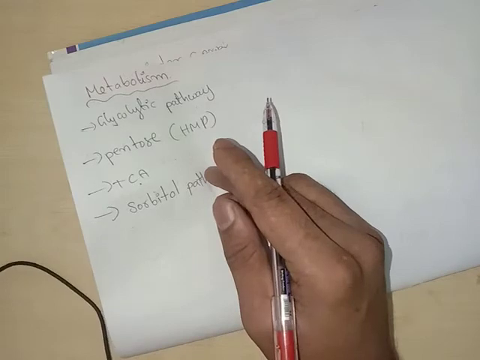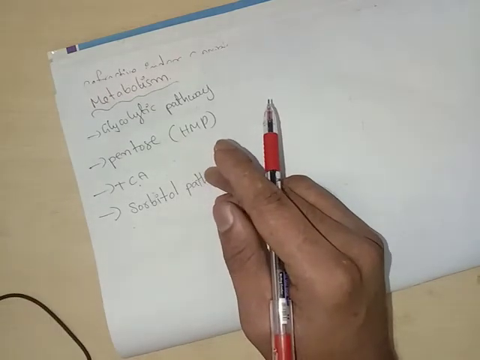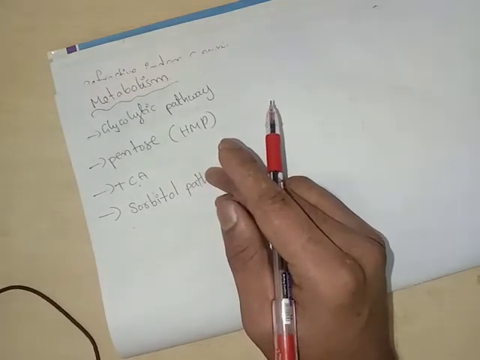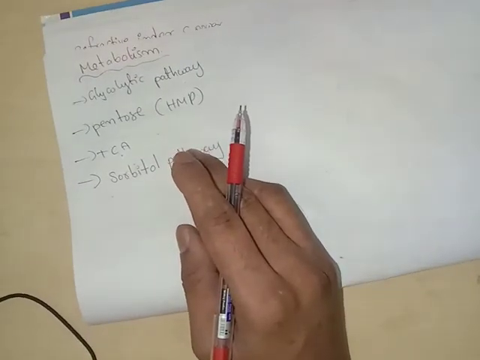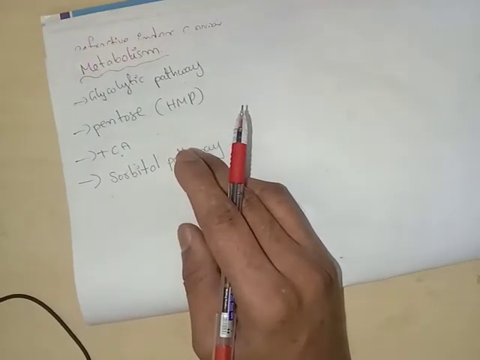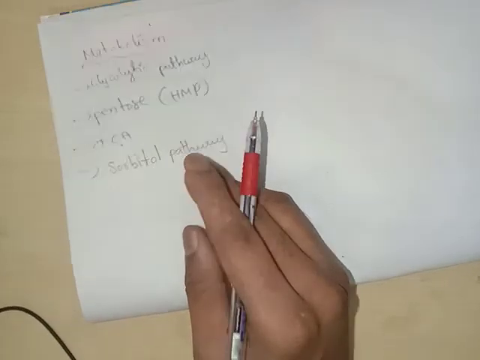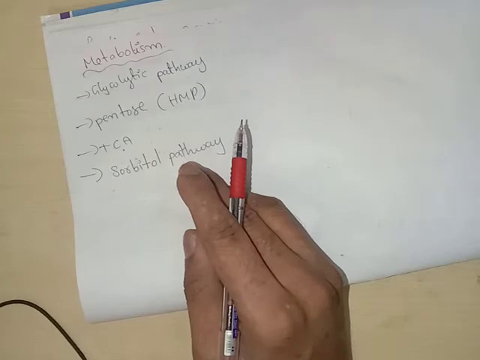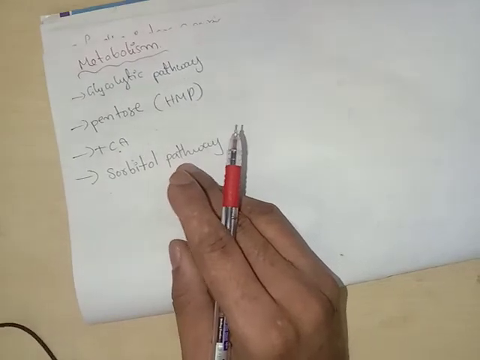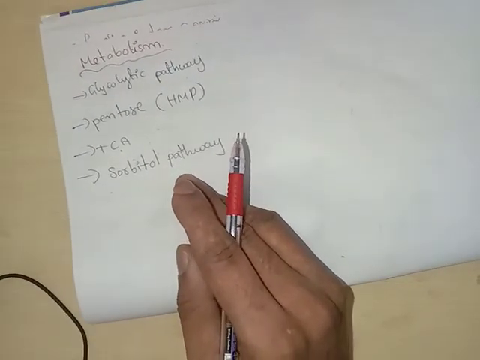Since it is avascular, the aqueous humor, which is produced from the ciliary process, nourishes the lens, and the waste produced from the lens is collected by the aqueous humor.